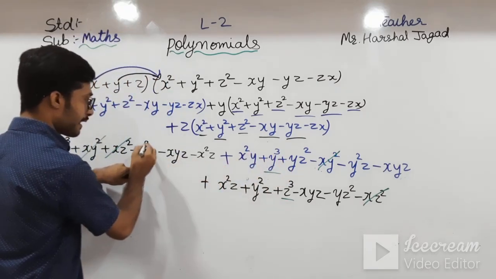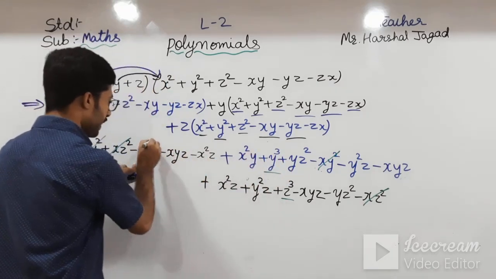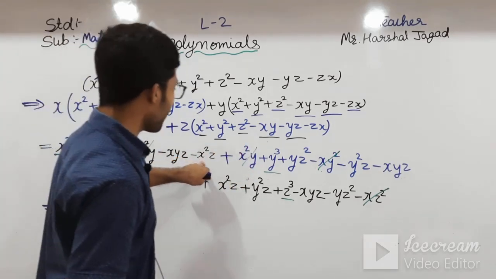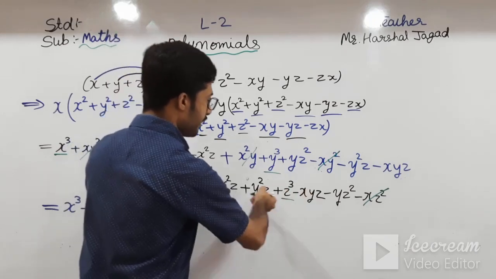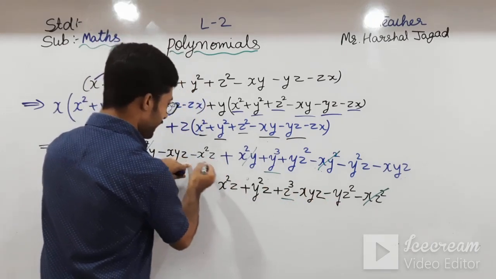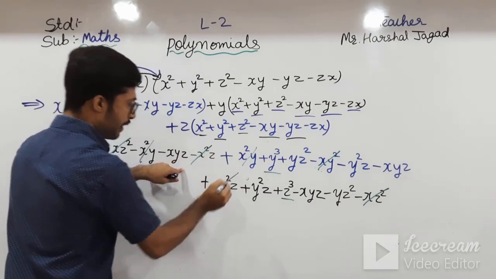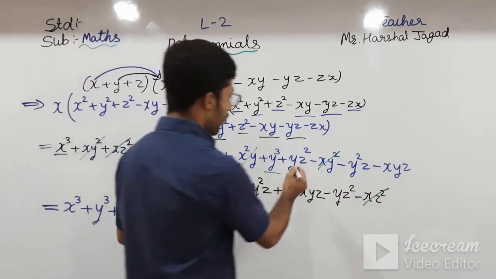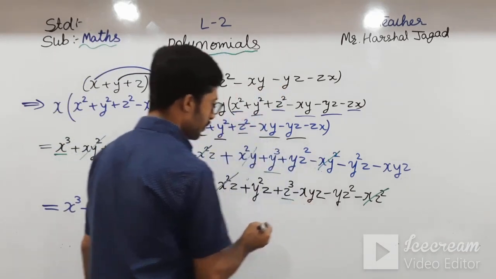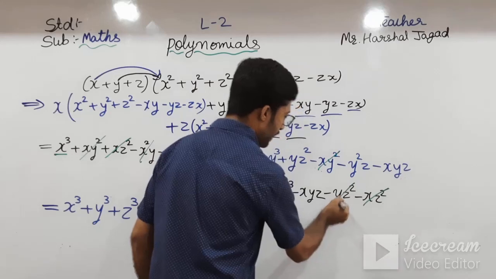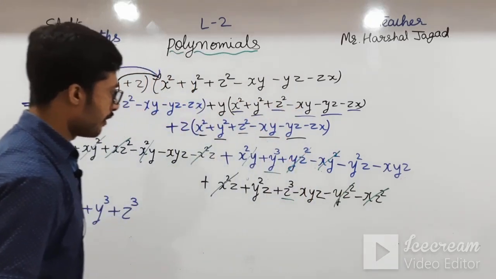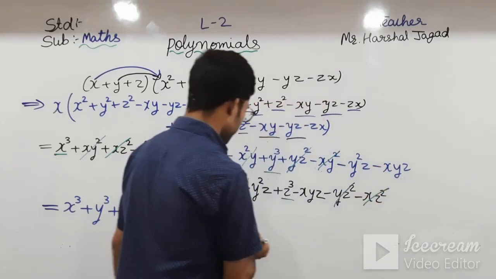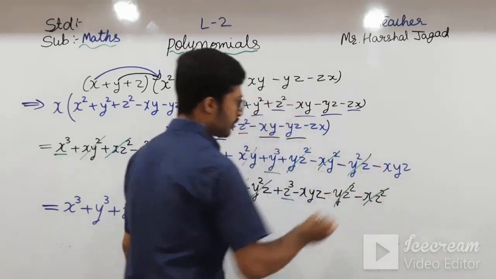Here it is minus x square y, here it is plus x square y, so it is cut down. Next, minus x square z, so it will be here in the z, x square z here minus and here plus, so it is cut. Now y square z, in this it is minus y square z, so it is cut down. And next, y square z, here it is, so it is cut.